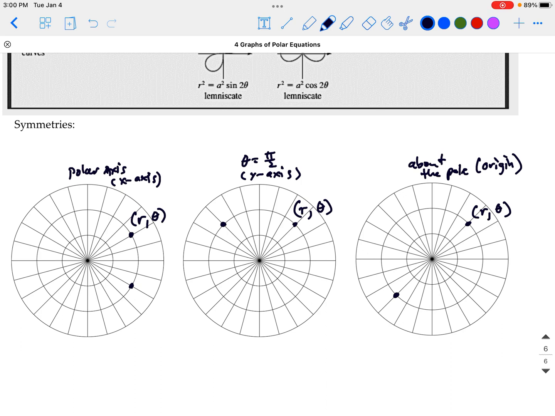For the polar axis symmetry, theta equals pi over 2, and the pole, we're going to want two representations of our coordinates where we use a positive r value and a negative r value. That's really what each one of these is going to look like: r comma something and negative r comma something. And again, the reason we need that is because we don't have uniqueness of coordinates, so we need to account for all different ways that we can represent our polar coordinates.